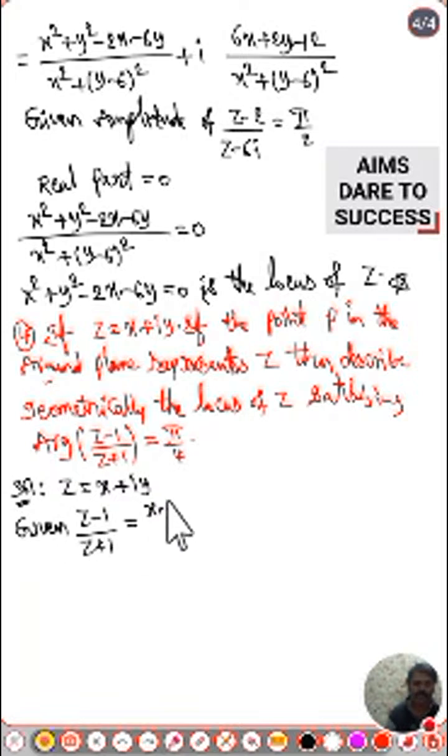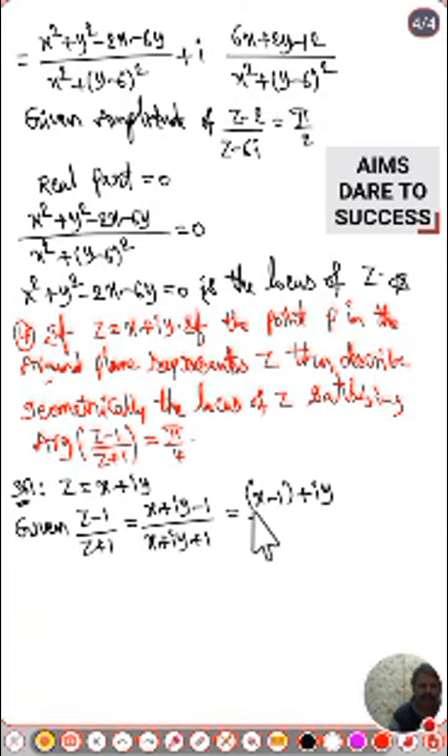So z value x plus iy minus 1 divided by z value x plus iy plus 1. Separate the real part as well as the imaginary part. So we get (x minus 1 plus iy) by (x plus 1 plus iy). Okay, in the denominator we don't get an i related value.